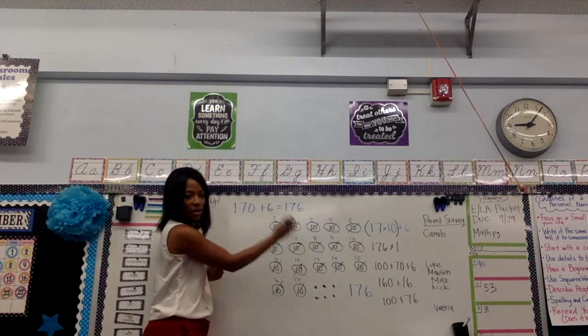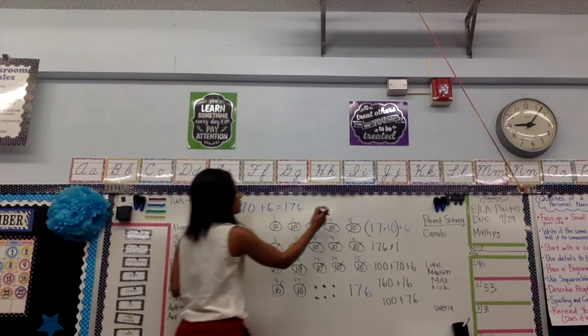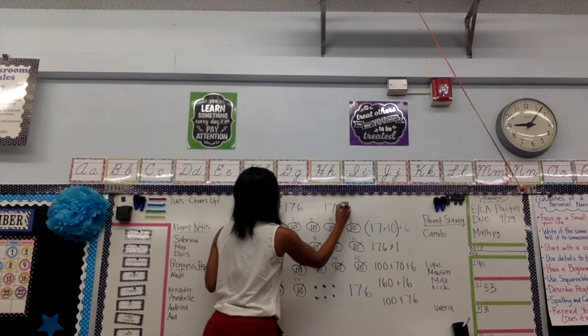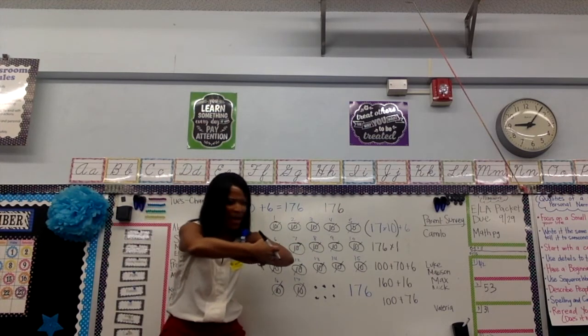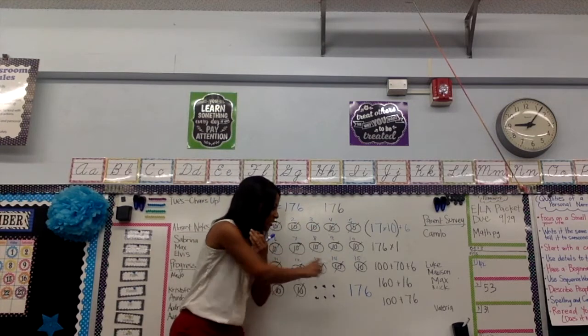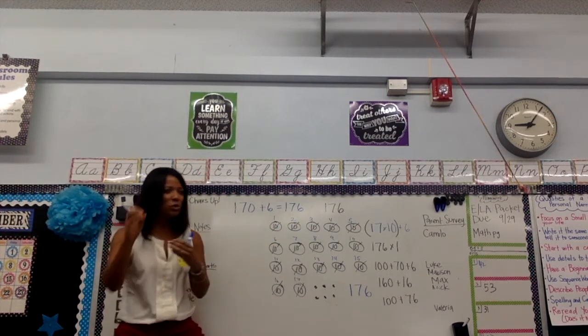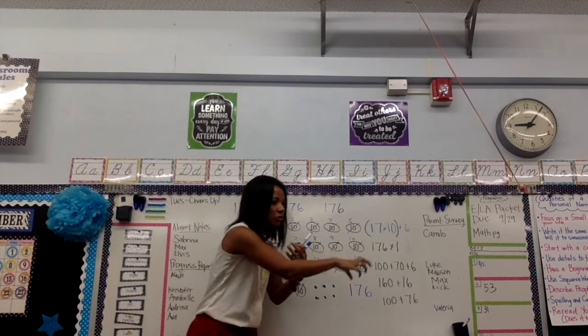How much do we have here all together? 176. And then we got this big giant pile of things to count yesterday, and then we made all of these little groups, didn't we? Yeah. That's division. When you take a big group and you put it into smaller groups.